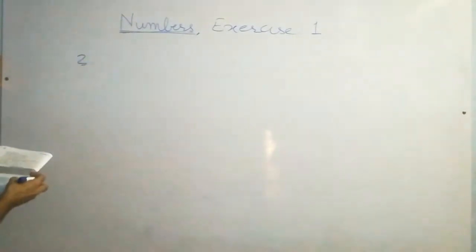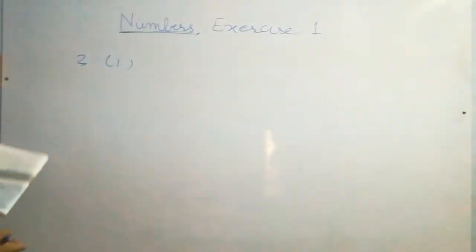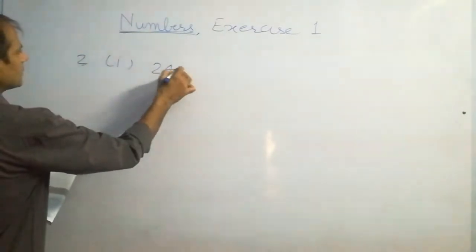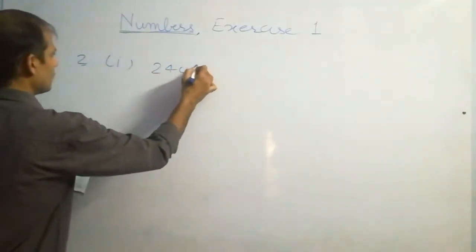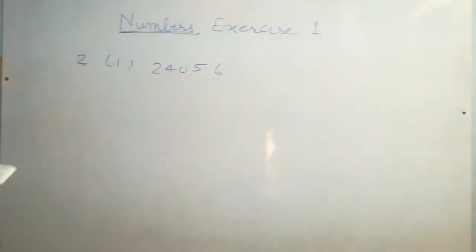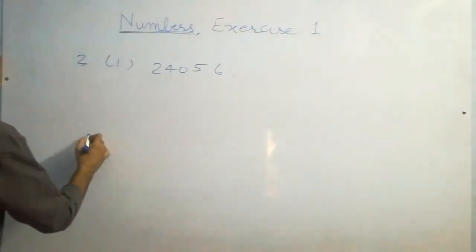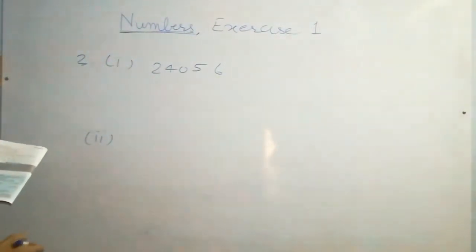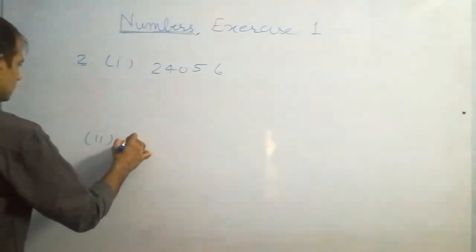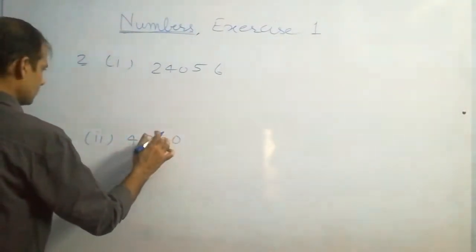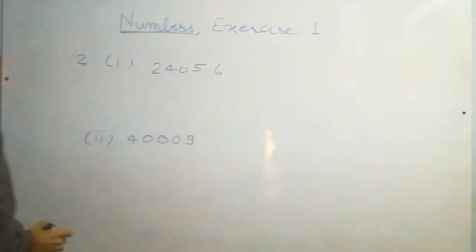Second question, I am solving first part. The number is 2, 4, 0, 5 and 6. And here I solve second part 4, 0, 0, 0, 9.